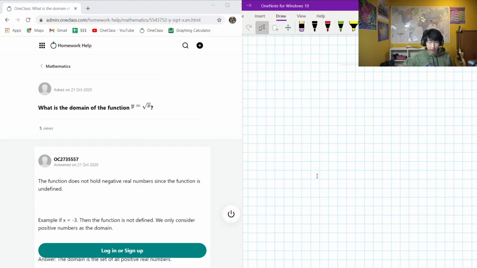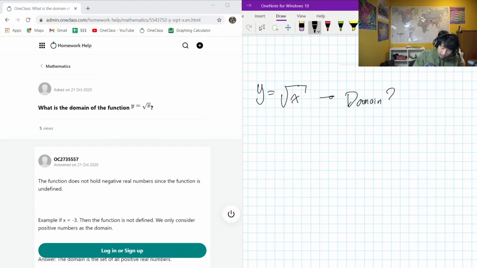Okay, so the next question that we have on the menu today is asking us what is the domain of the function y equals the square root of x. Domain? What is the domain?